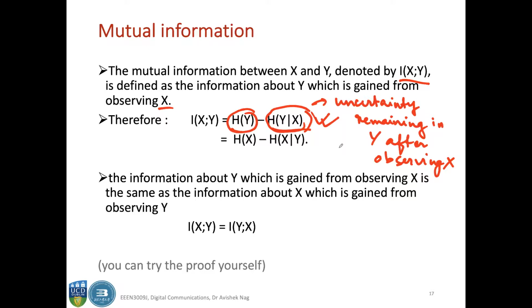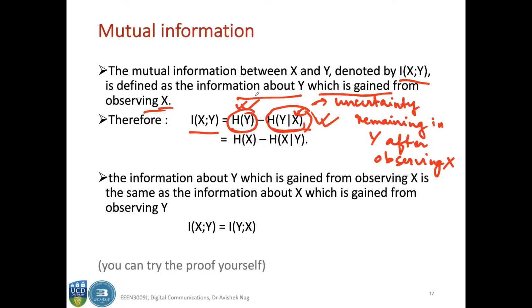When you are removing uncertainty, you are gaining information, right? So this is the definition of mutual information, which is the information about Y gained from observing X. You are observing X, and because of that you can define this conditional entropy of Y given X, which by definition is the uncertainty remaining in Y after observing X. If you now remove that uncertainty from the original entropy of Y, then you are gaining some information about Y after observing X.